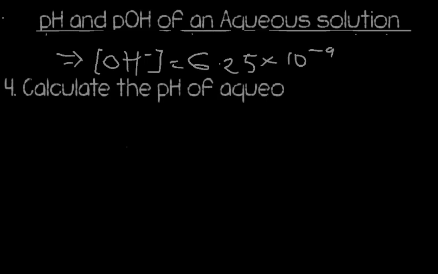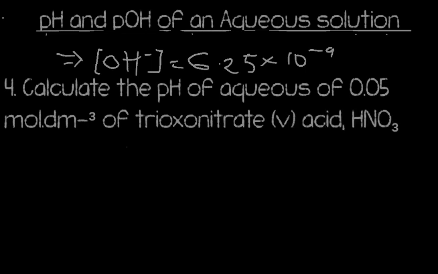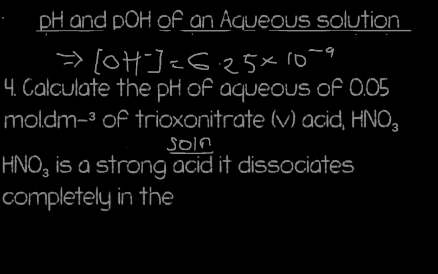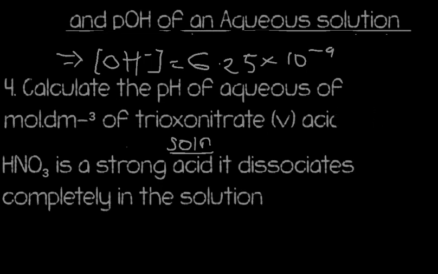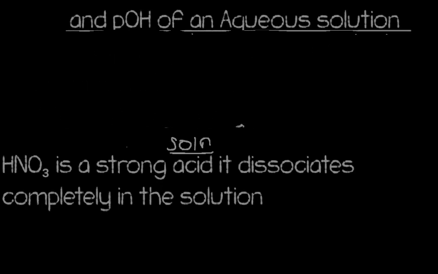Calculate the pH of an aqueous solution of 0.05 mole per dm cube of trioxonitrate(V) acid. You know that this is a strong acid, so it will dissociate completely, leaving no acid behind. So you can write an equation for that. So this is the equation.